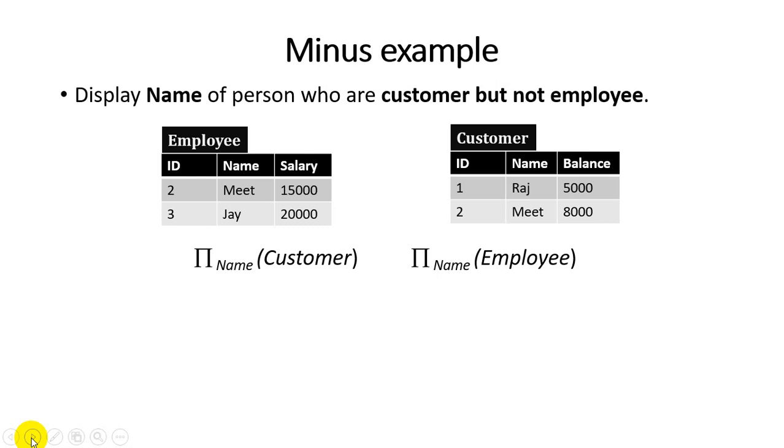Whatever table is the actual requirement is provided on the left-hand side, and the secondary table on the right-hand side. The same result will not be generated because we changed the relations from left to right. So the result will be Raj, because Raj is a customer but not an employee.